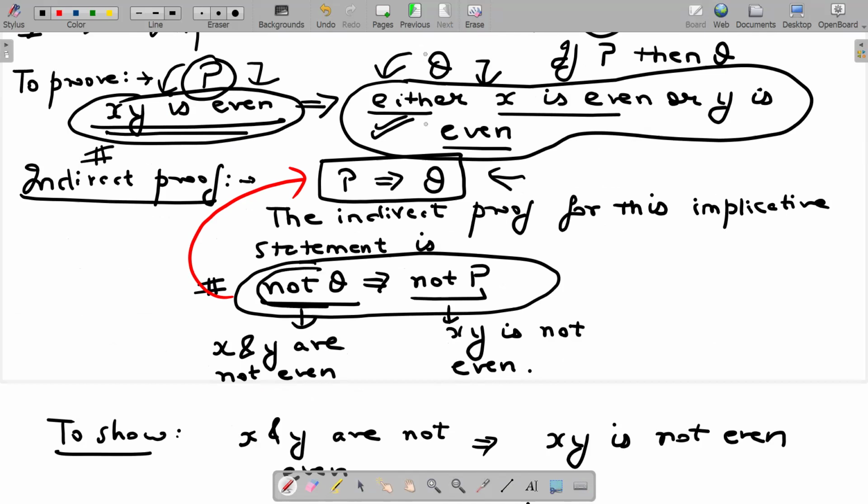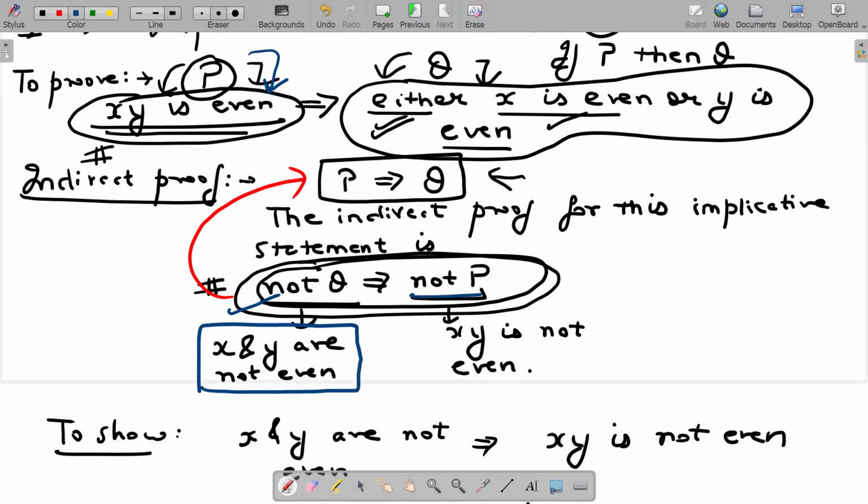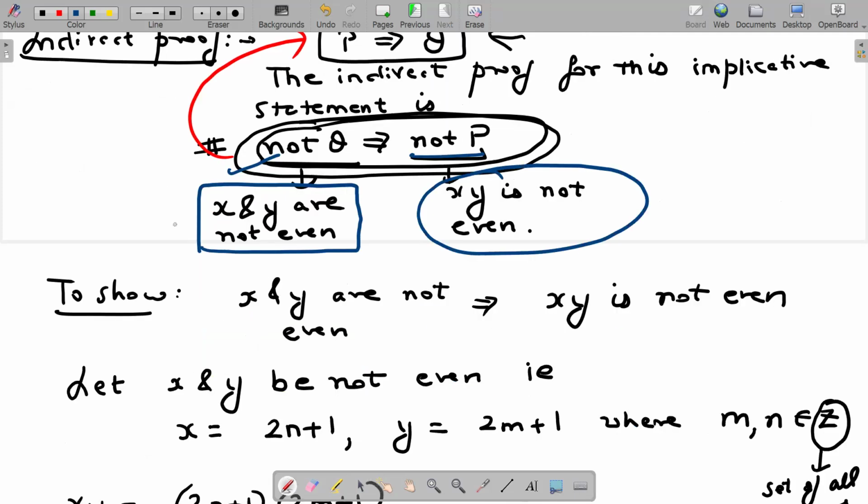I show that not Q implies not P. If Q denotes the statement that either x or y is even, not Q means that x and y are not even. And if P denotes the statement that xy is even, not P denotes the statement xy is not even. So I need to show that if x and y are not even, then x into y is also not even. So if x and y are not even, it means they are odd numbers.